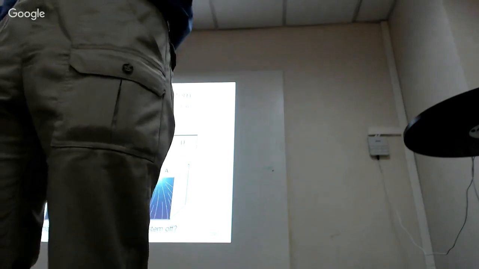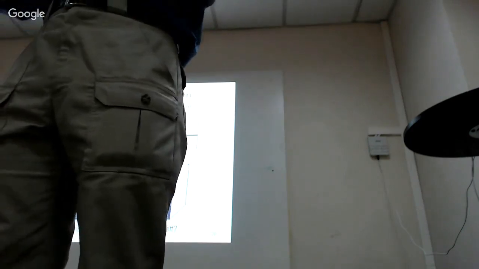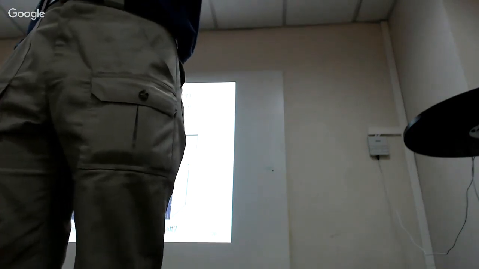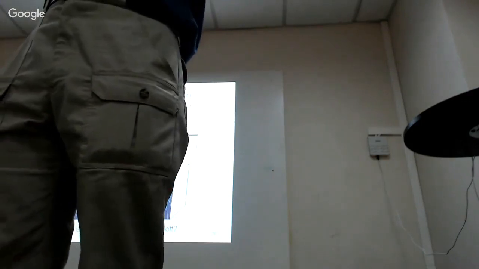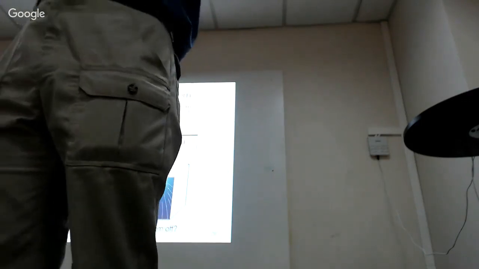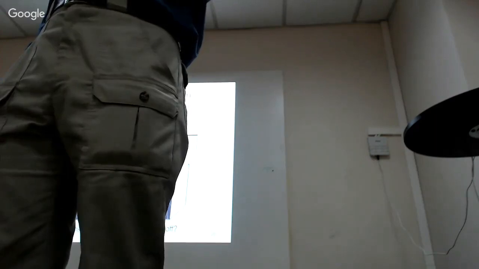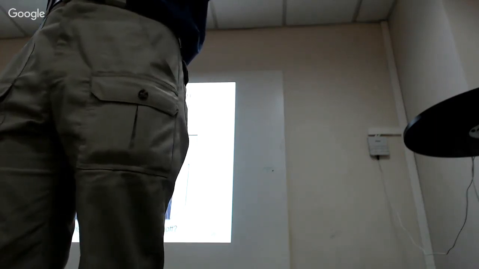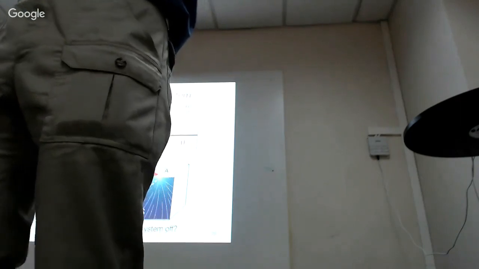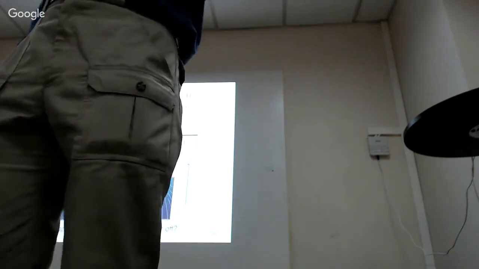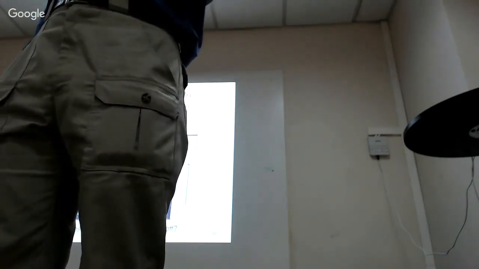Absolutely. But can anybody have any idea of what the currents would look like? Magnetic field induces a new current. Yes. So what would the currents look like? Like circular. Circular?